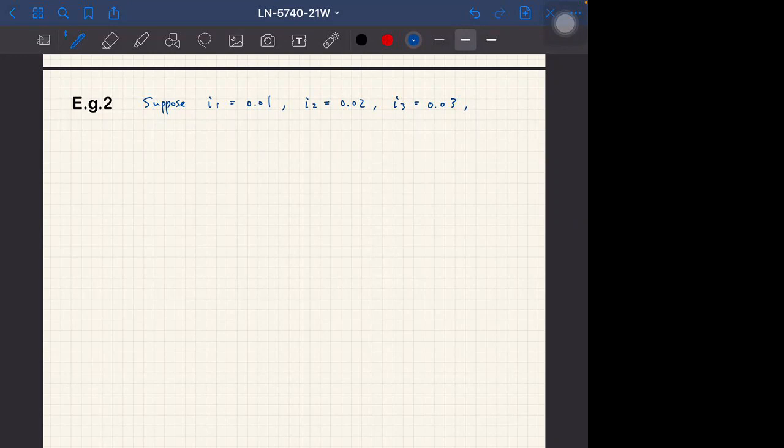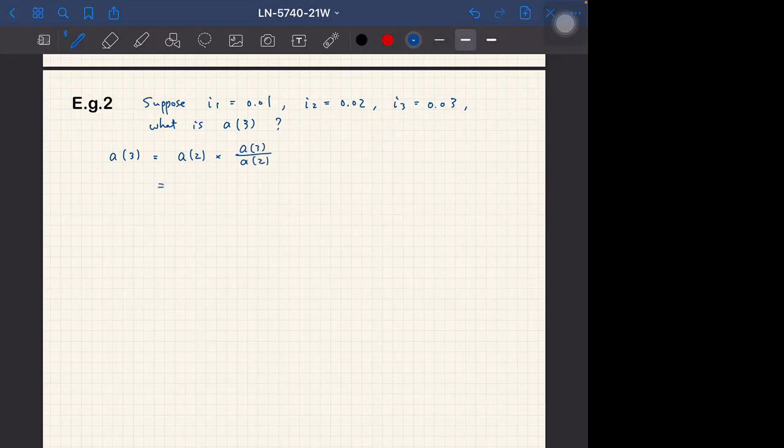Then what's the accumulation function at time 3? You can see that A3 is equal to A2 times, mathematically speaking, A of 3 over A of 2.